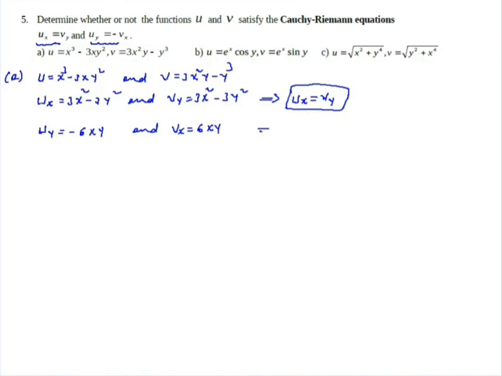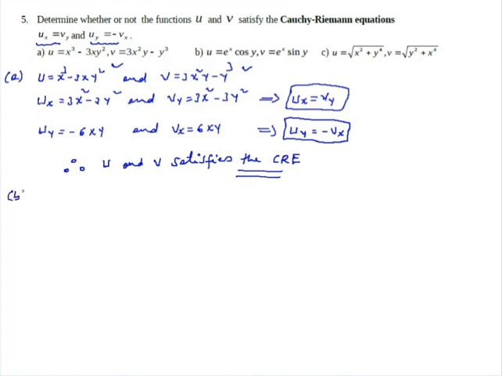So this tells us uy is the same as the negative of vx. So these pairs of functions in A satisfy the Cauchy-Riemann equation. Therefore u and v satisfy the Cauchy-Riemann equation.